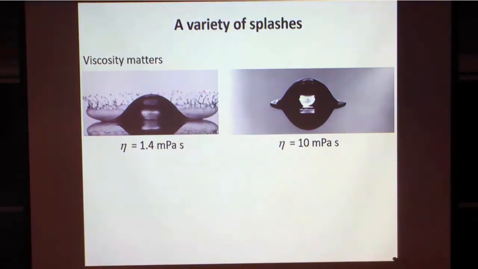So the drop spreads out, and then you see that there's a contact line between the spreading drop and the substrate, right? So this drop spreads out on that substrate. And then most likely the answer to this disappearance of the splash is what the air very, very close to that advancing contact line is doing.